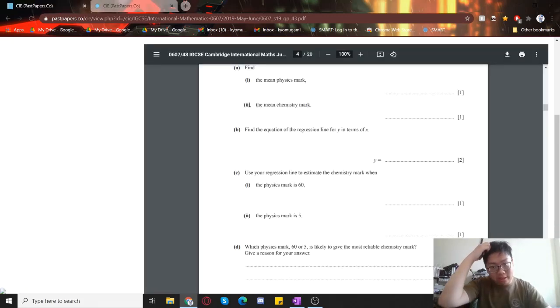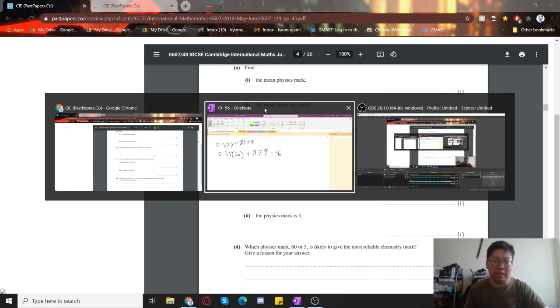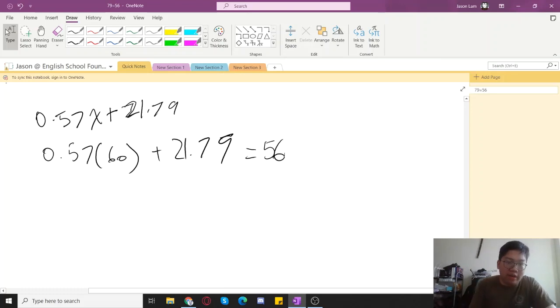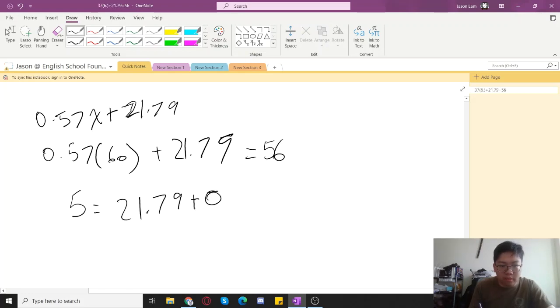Anyway, physics mark is 5, so that's the opposite of what we want. Because my calculator only goes to a certain x value, we don't exactly know, but we can rearrange. Of course, we can do the old-fashioned way and just rearrange it. So 5 equals 21.79 plus 0.57x.